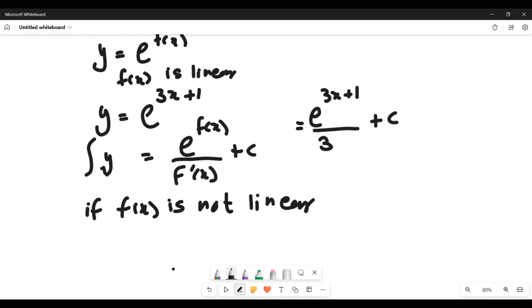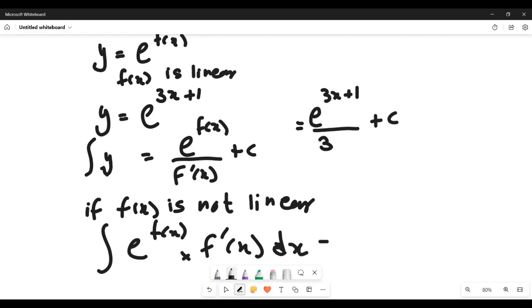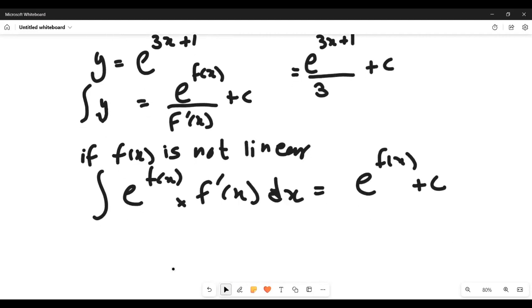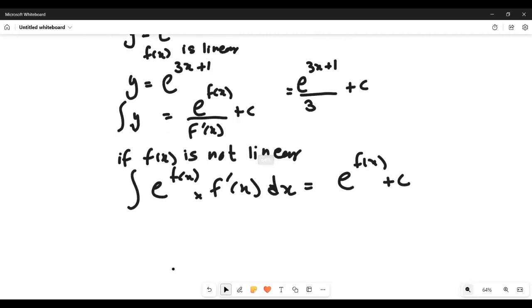So in that case, if you have to integrate e power fx, it's a compulsion that you must also have a derivative of that being multiplied with e power fx. Only then you can integrate it. And it integrates as e power fx plus c. This time there is no derivative in the denominator.